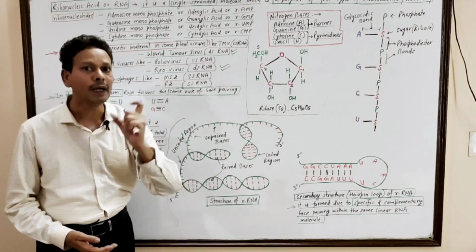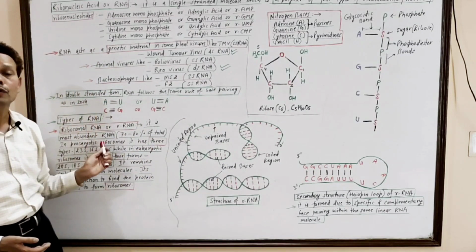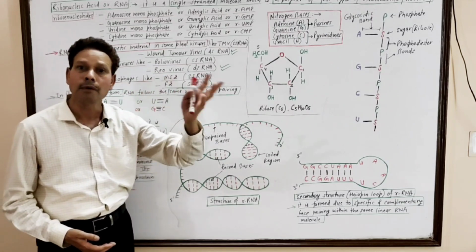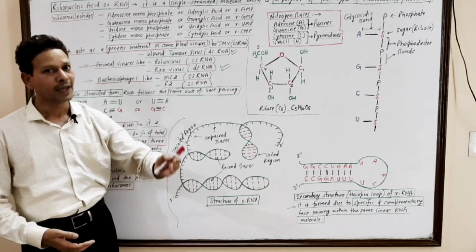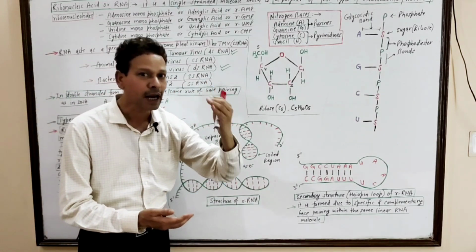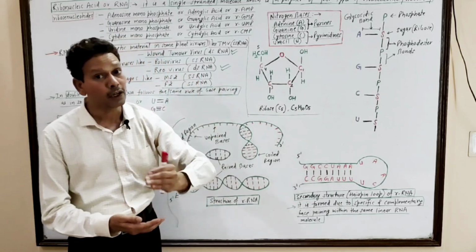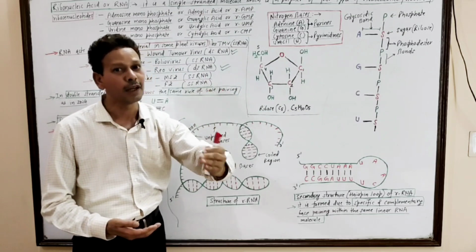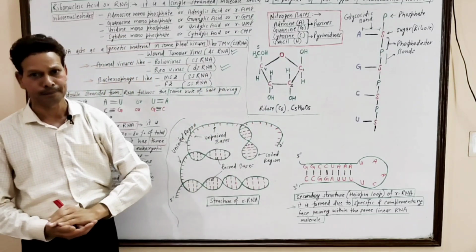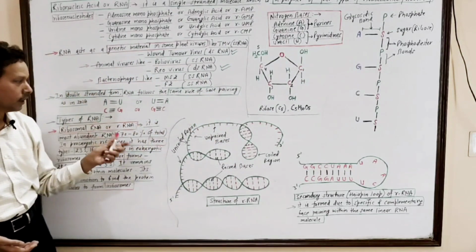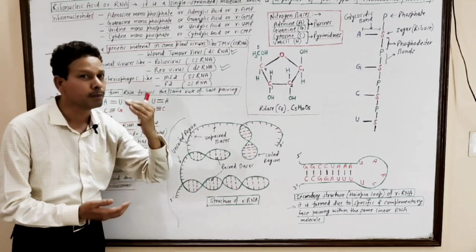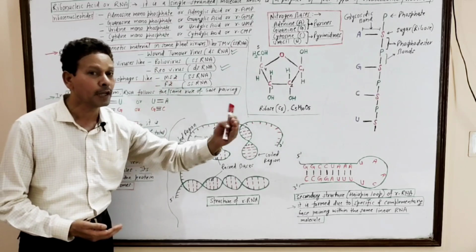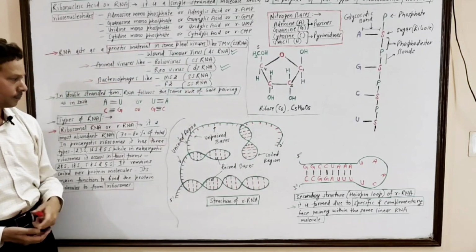First of all, we will discuss ribosomal RNA, rRNA. As the name indicates, ribosomal RNA is a main constituent of ribosomes. That's why it is named ribosomal RNA. It is most abundant, constituting about 70 to 80% of total RNA.